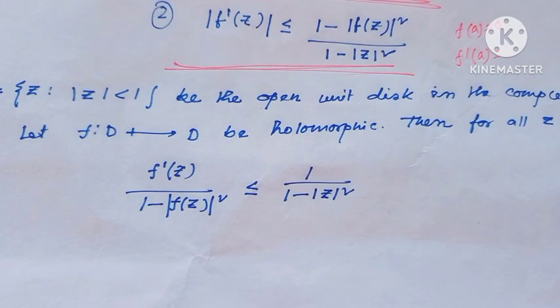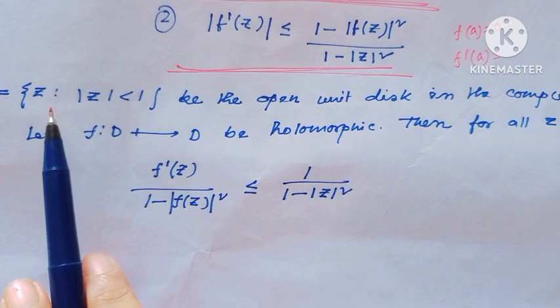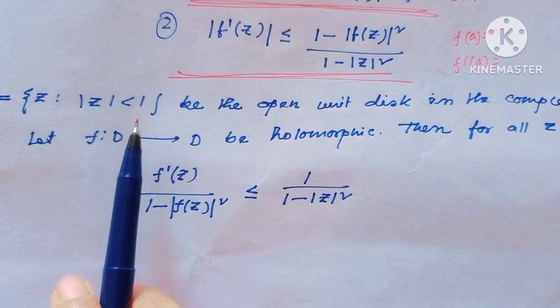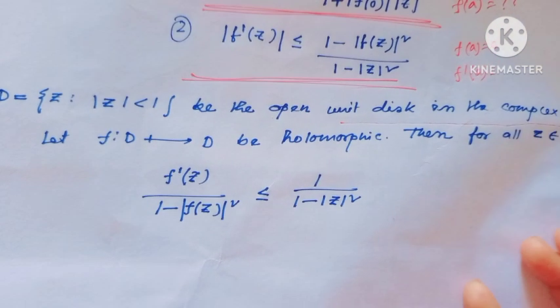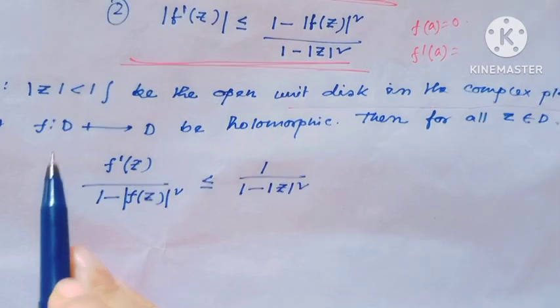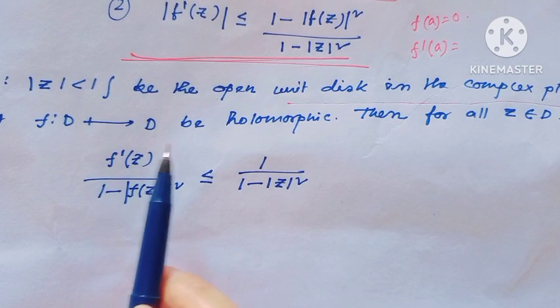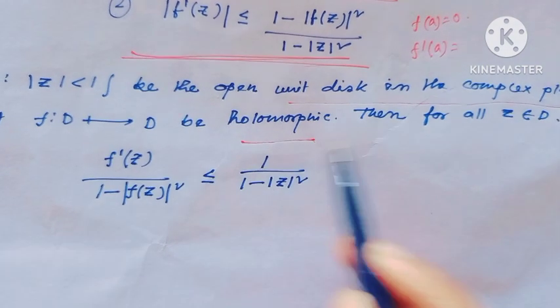Actually, let D equal the set of z such that modulus of z is less than 1, the open unit disk in the complex plane C, and consider the function f from D to D which is holomorphic.